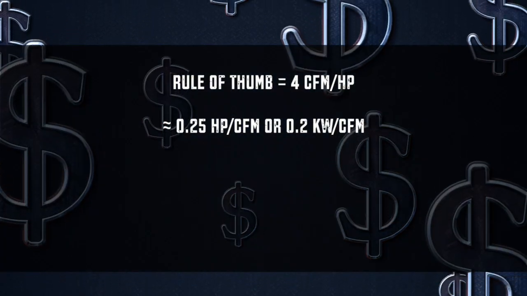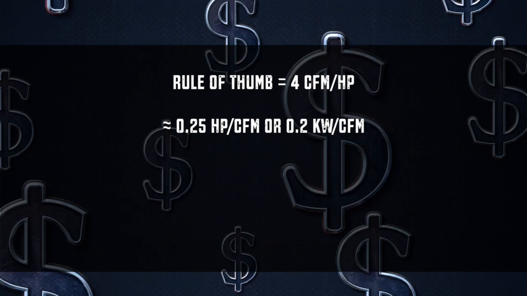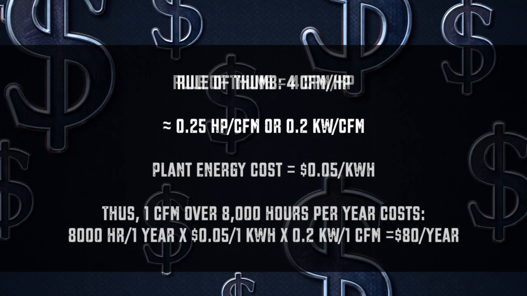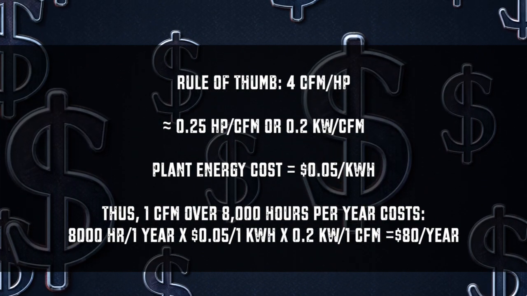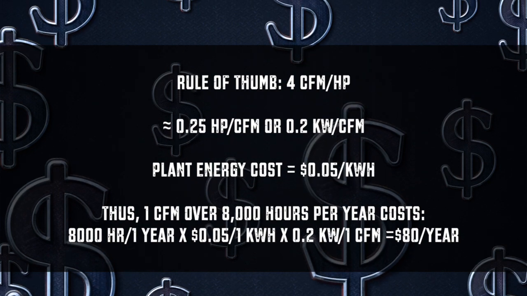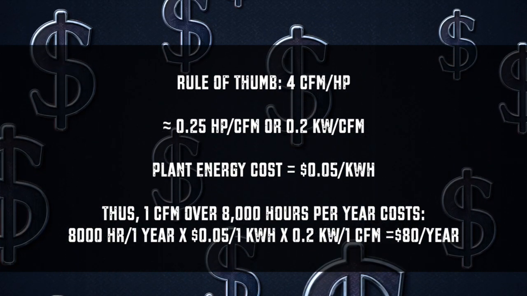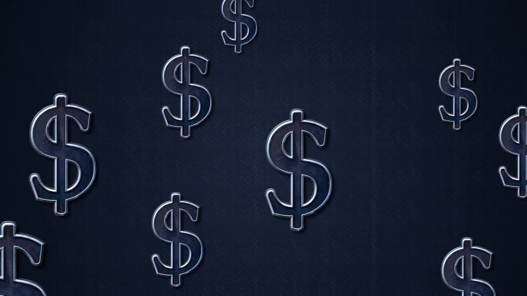So for example, if you have a 25 horsepower compressor and use a rule of thumb that compressors produce about 4 CFM per horsepower, so if you do a little math, as shown here, you see that a 1 CFM leak over 1 year of operation can cost a plant $80. But as it turns out, it's very difficult to quantify the effects of any single leak.